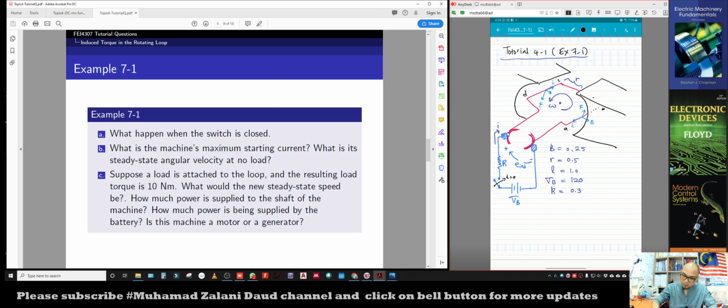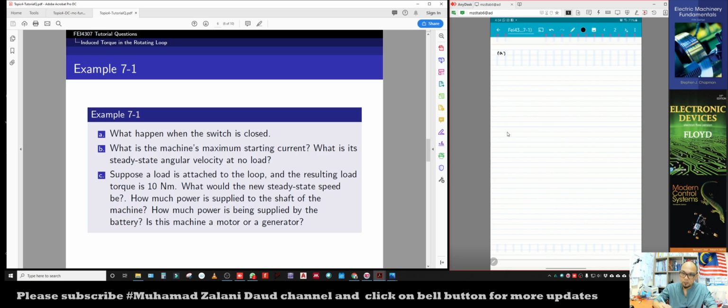Let me write down question A: what happened when the switch is closed? The answer is, if the switch is closed, current will flow in the loop.